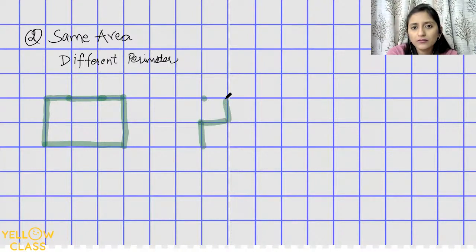1, 2, 3. See, 1, 2, 3, 4, 6, same area, right? And let's try a few more.